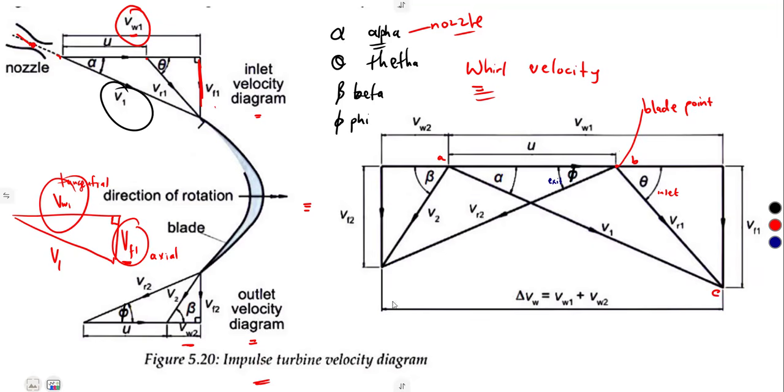If we consider A, B, C, this triangle is the inlet, and from A, B to D, we have the triangle representing the outlet now.